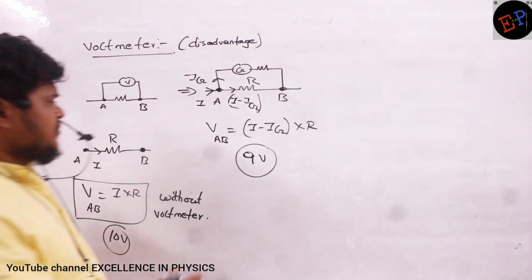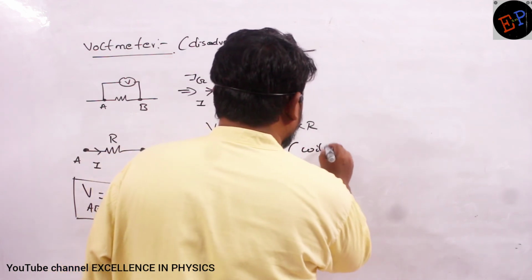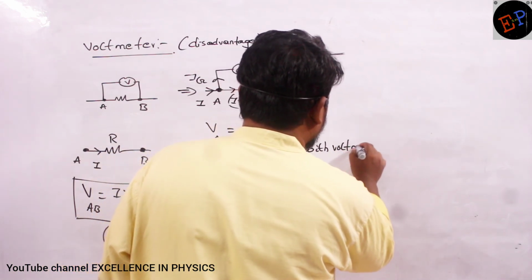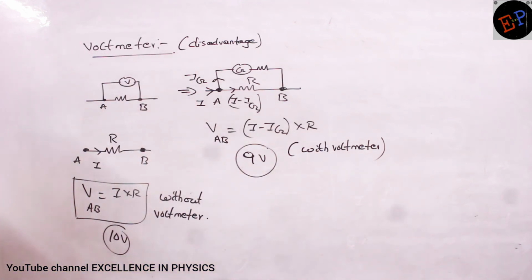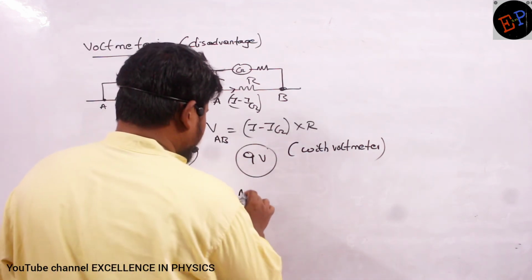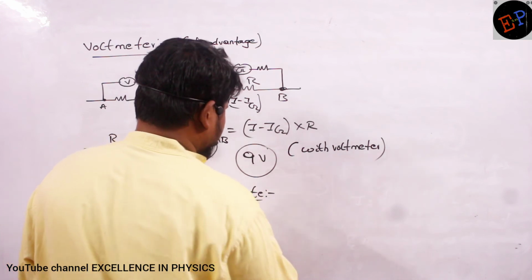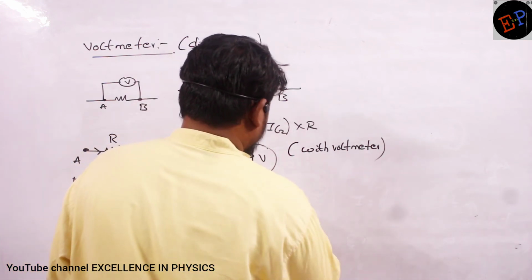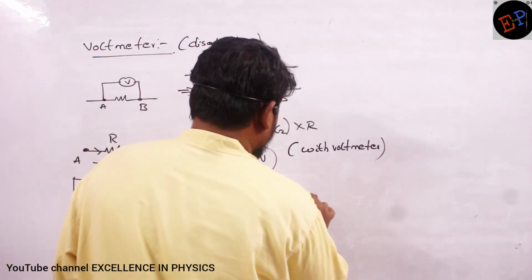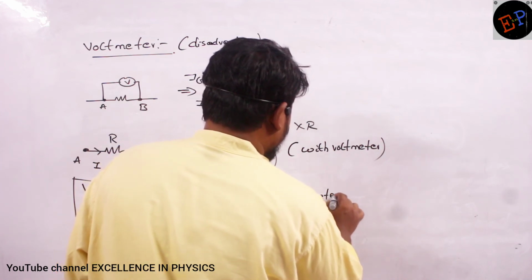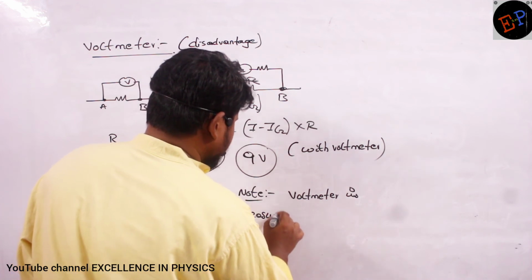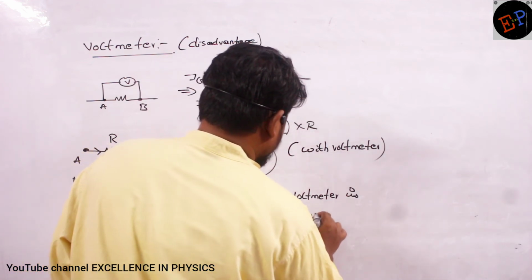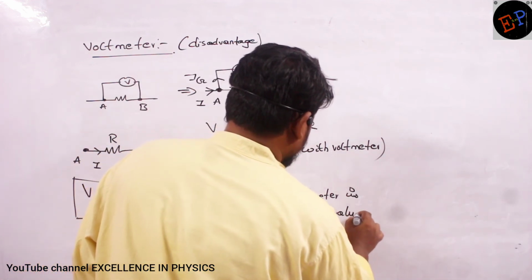Clear now? So this is with voltmeter. So what is the point here? We have to understand. Point is that voltmeter is measuring lesser values.